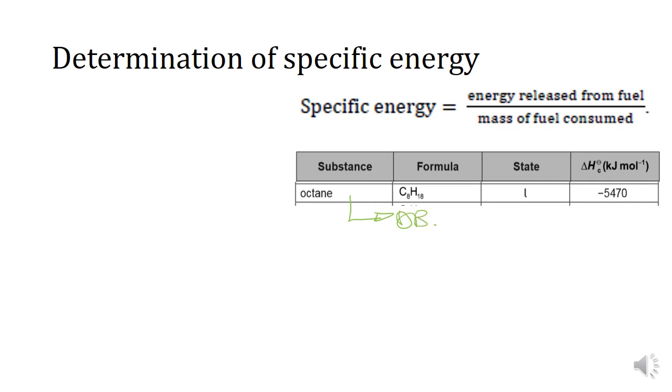So let's work out the specific energy for octane. What this is saying is, for 1 mole of octane, which is C8H18, it releases, because it's an exothermic reaction, 5470 kilojoules of energy.